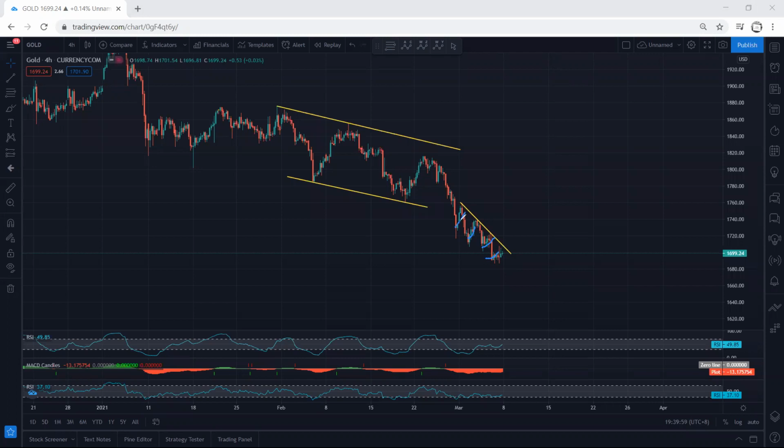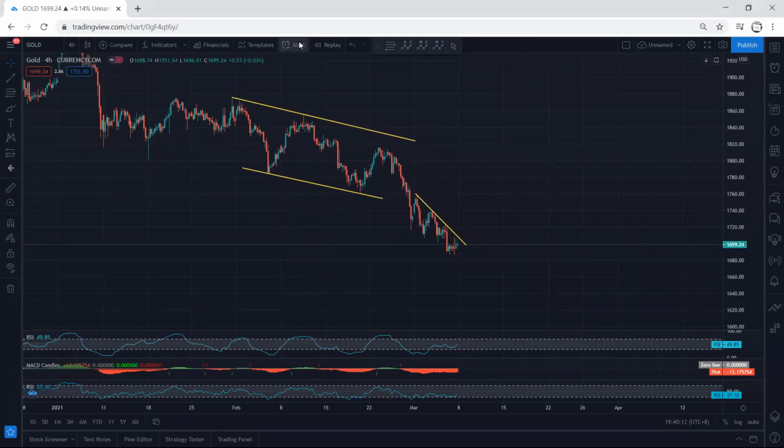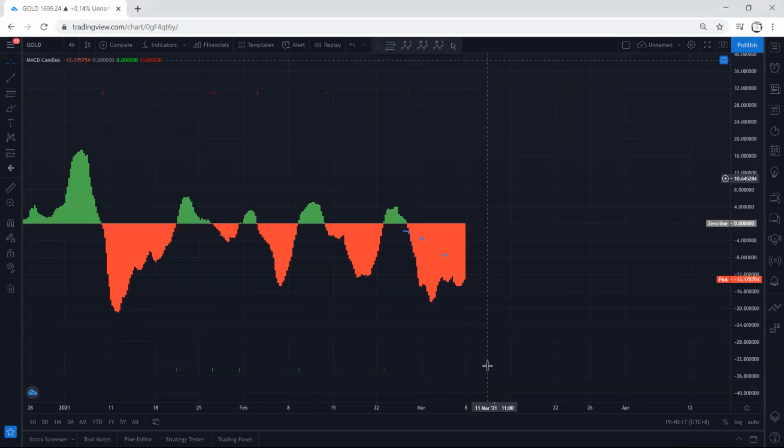But again, how deep it can go, during the time we're looking for trading, any sell will be a short-term sell. And second, we want to see, do we have a divergence or not? From here, as we can see, every time the price drops, if we refer to MACD, we have a divergence.